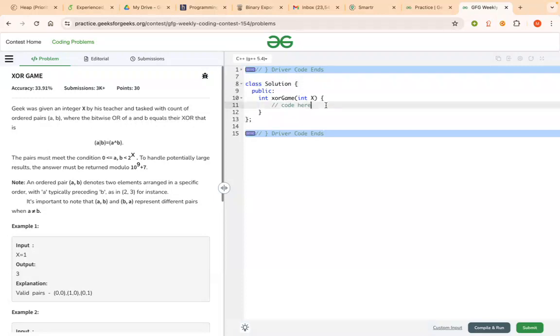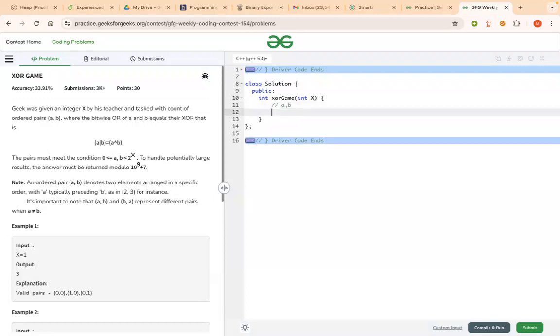So if a and b are two numbers, and you are aware of the bitwise operations, then a OR b should be equal to a XOR b, right?